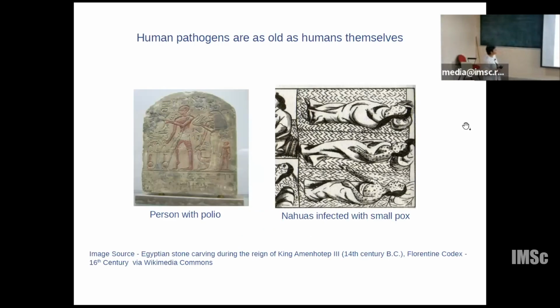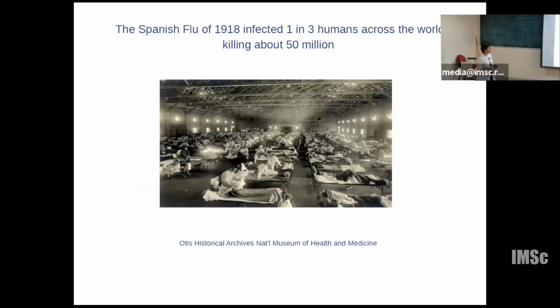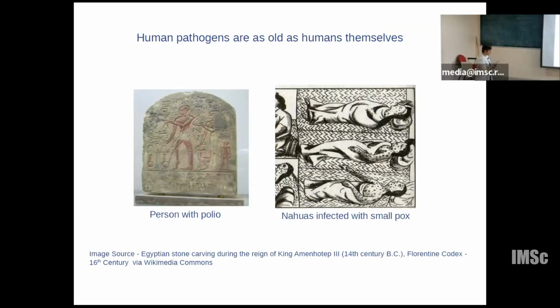So human pathogens are as old as humans themselves. And this is a person with polio, and these are people infected with smallpox. Now, smallpox is a virus that actually got transported to South America from Europe, and the people there had no immunity to it, and they actually succumbed in really large numbers.